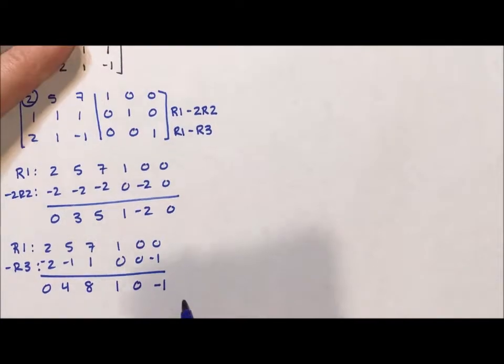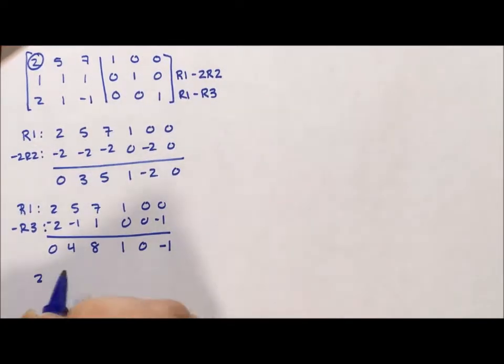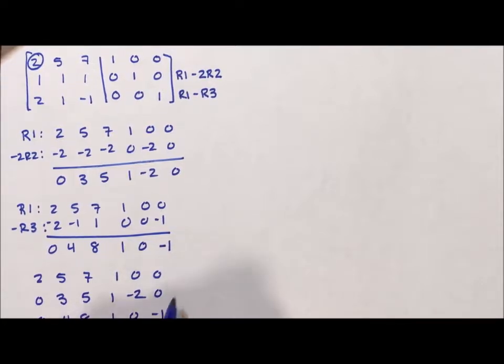So I didn't change my top row. So the top row of my matrix stays as 2, 5, 7, 1, 0, 0. My second row becomes 0, 3, 5, 1, negative 2, 0. My bottom row becomes 0, 4, 8, 1, 0, negative 1.